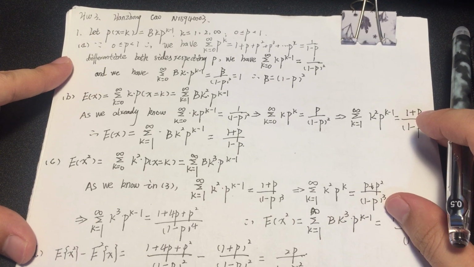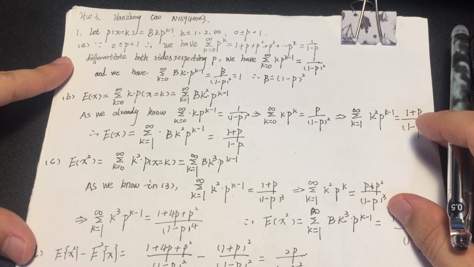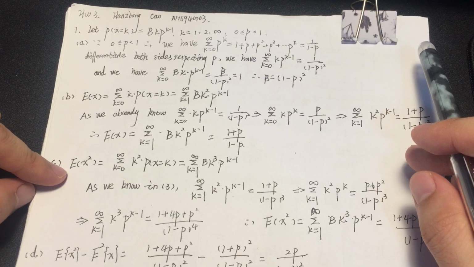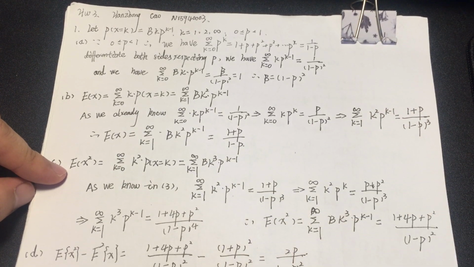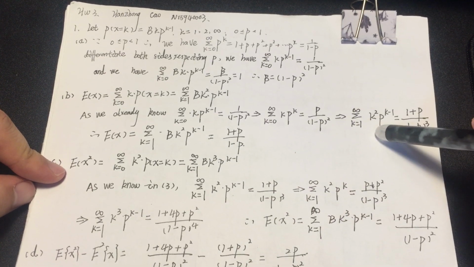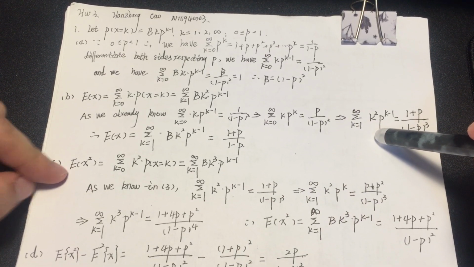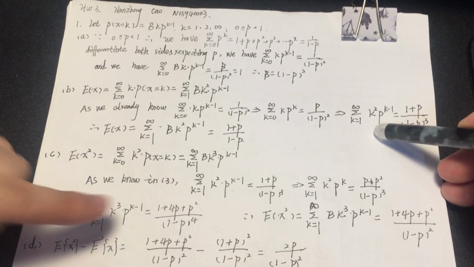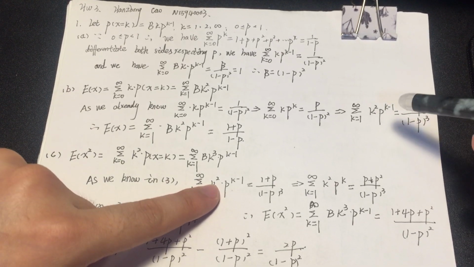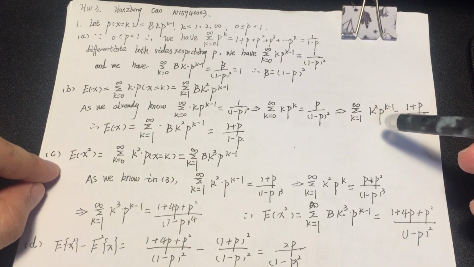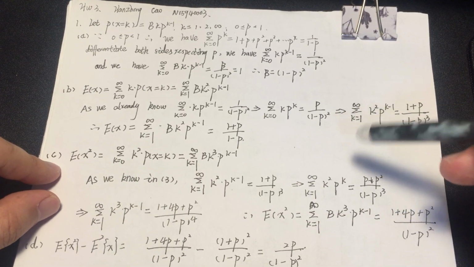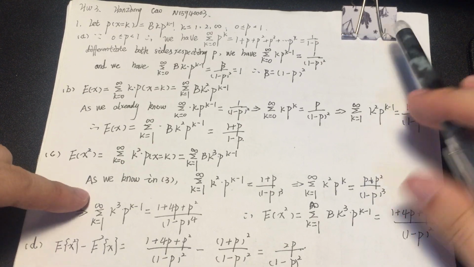With the same rule, we are asked to calculate the expectation of x squared. This time we can make use of the equation in the second question. We can multiply p on both sides again, so that we get k cubed.